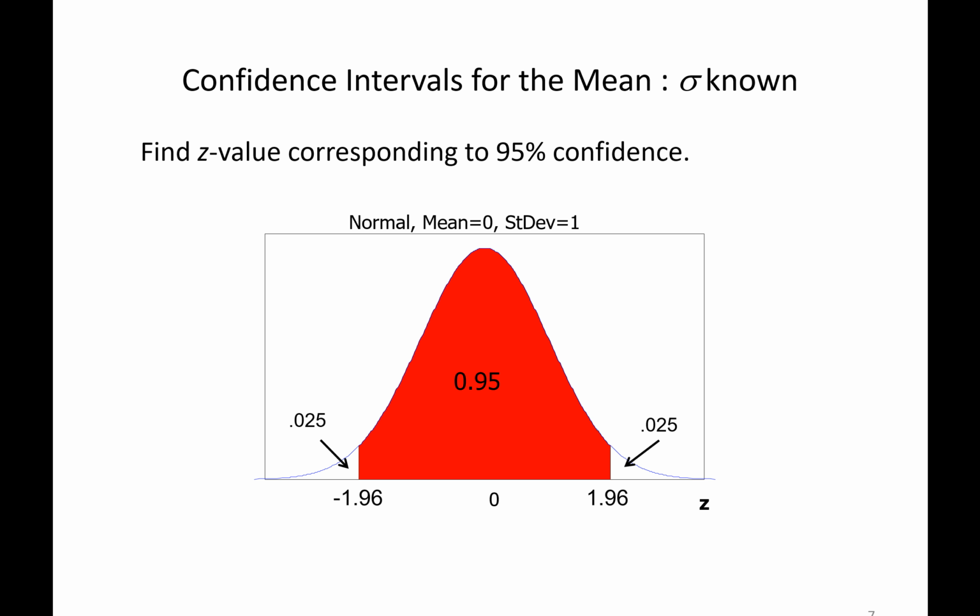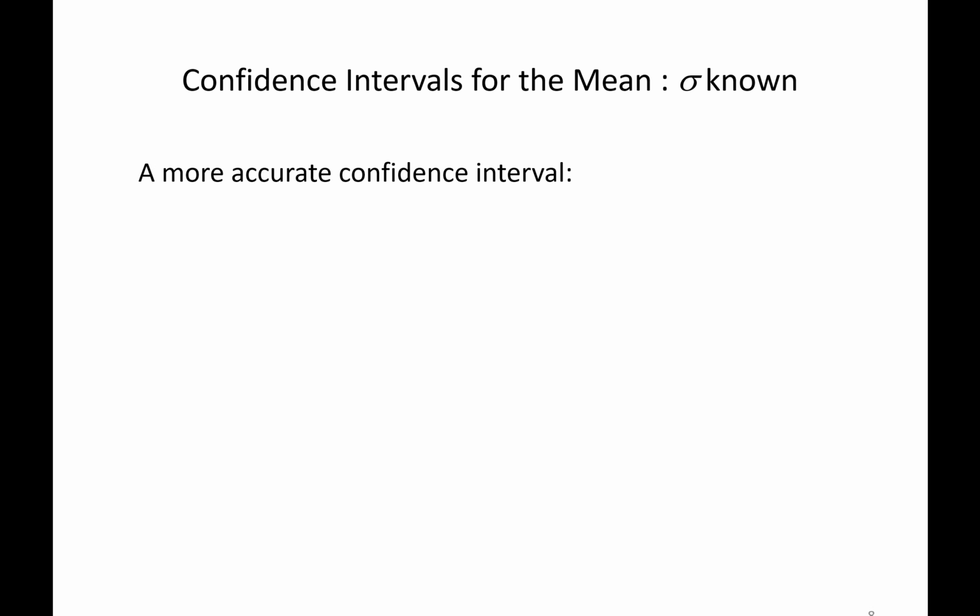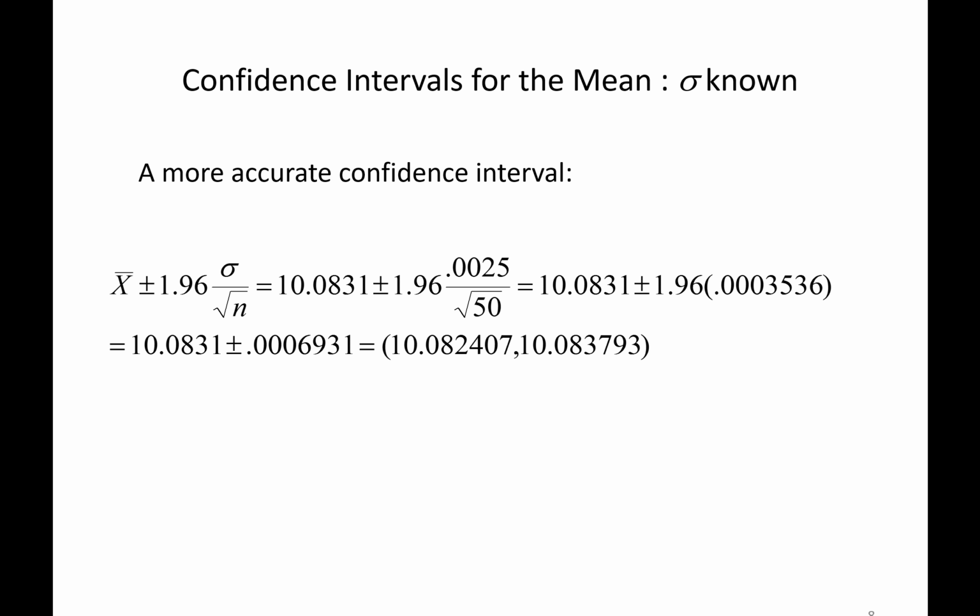And I'll refer you back to last week's material where we looked at the normal table, or we used Excel or Minitab to find that value of 1.96. So that means a more accurate confidence interval would be x bar plus or minus 1.96 times sigma over the square root of n.